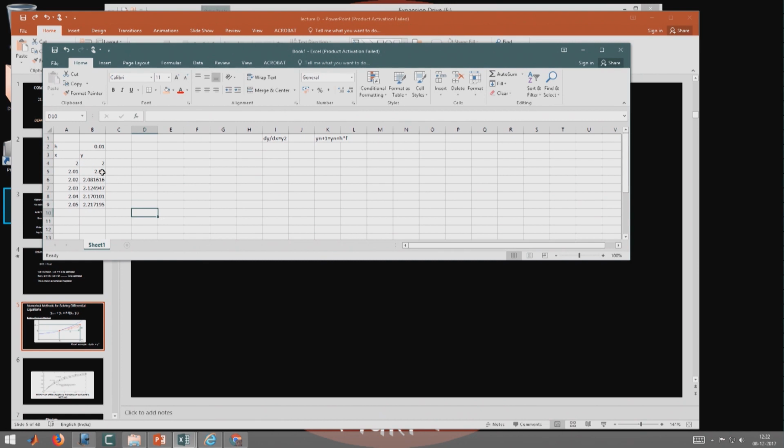Okay, so as you can see, y keeps increasing. Suppose if the step length is, as you can see, it's rising very drastically, the y value, if the step length is very large, whereas if the step length is very small, it will not rise so drastically.